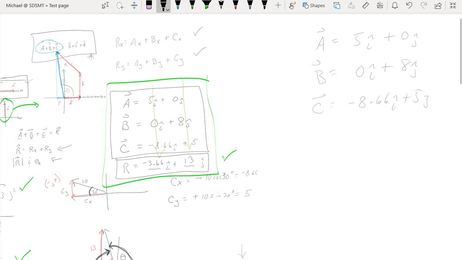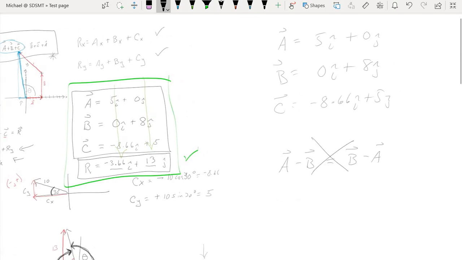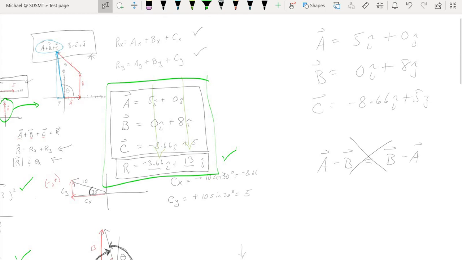Subtraction does not follow the rules of the commutative and the associative, meaning I can't just take vector A minus B and expect that to equal vector B minus A. That doesn't work. Well, same thing is true for any combination of vectors where subtraction is involved.